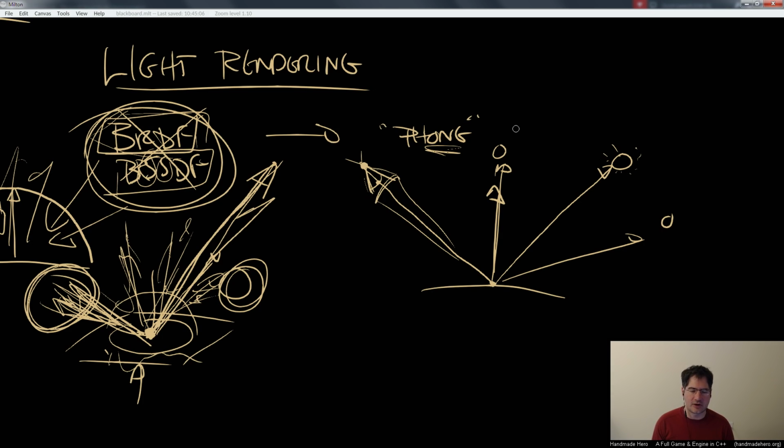Most surfaces are going to get at least 50% of the light that you see coming off of them from indirect light. Because light sources tend to be very small and they tend to be very few. Whereas that light, even though the light source is very small, bounces all around something like a room, for example.